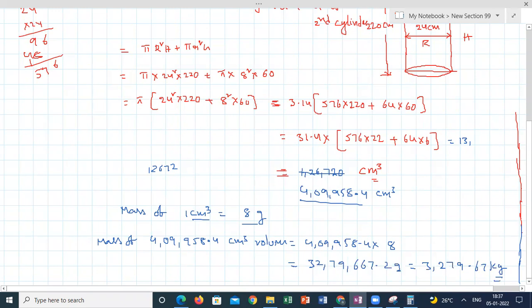This is how. It's a little bit calculation oriented question. Nothing is there in this question actually. Check anywhere we made a mistake and check the answers also, please.